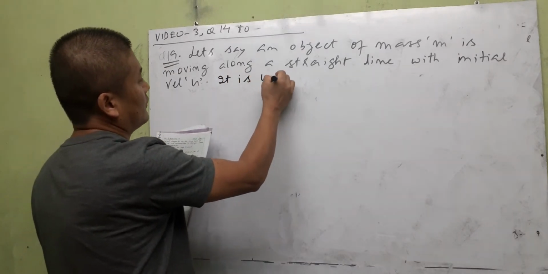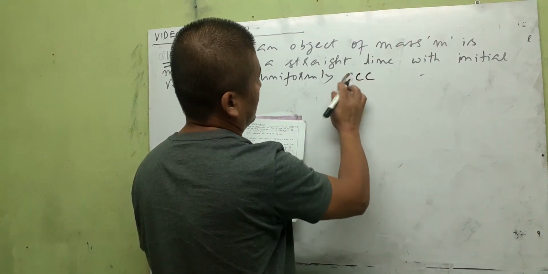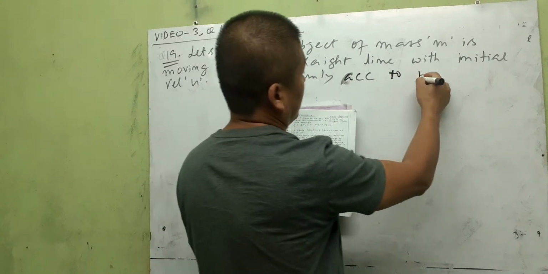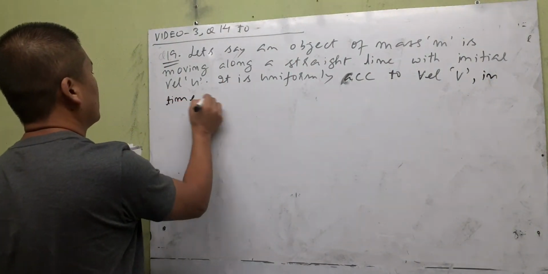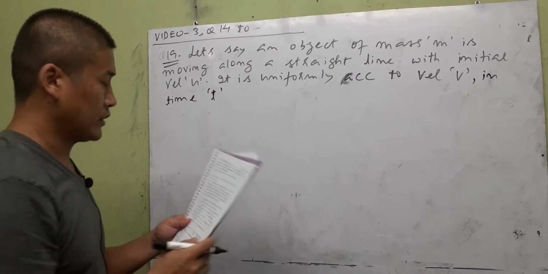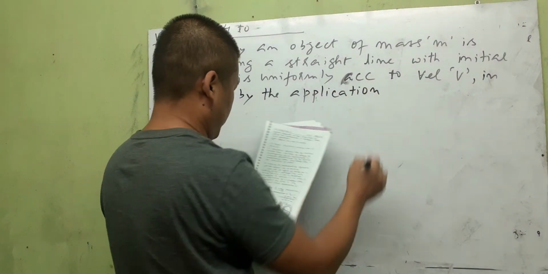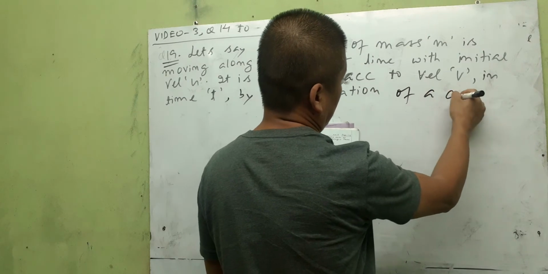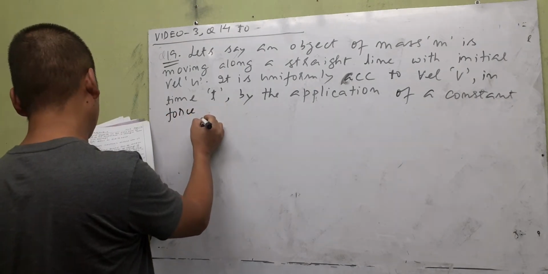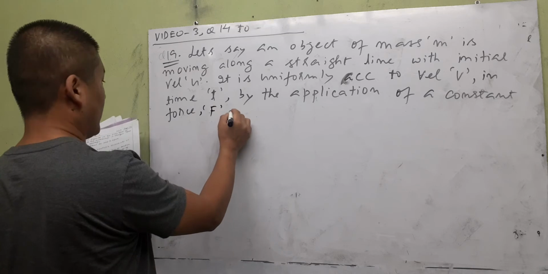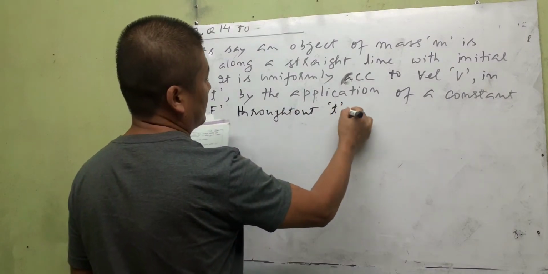It is uniformly accelerated to velocity, that means final velocity v, in a time period of t, by the application of a constant force, meaning a fixed force, not changing, F, throughout the whole time t.